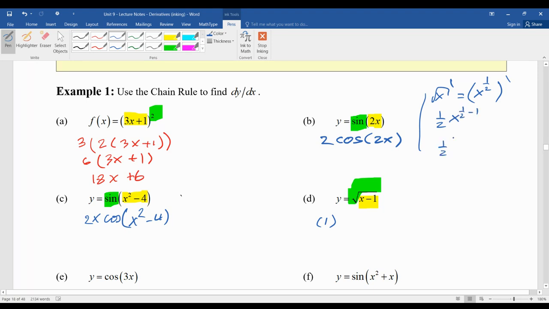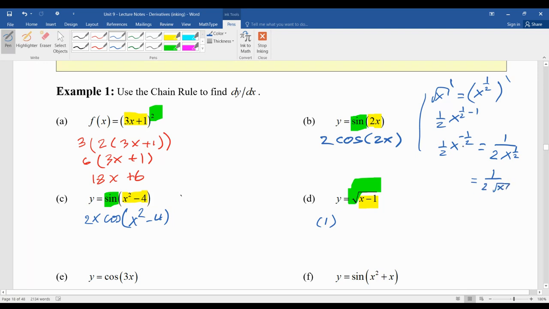So that's 1/2 times x to the negative 1/2. And then, of course, you move the x to the negative 1/2 to the bottom. That becomes x to the 1/2, and then you can write x to the 1/2 as square root of x. So it will be 2 times square root of x.